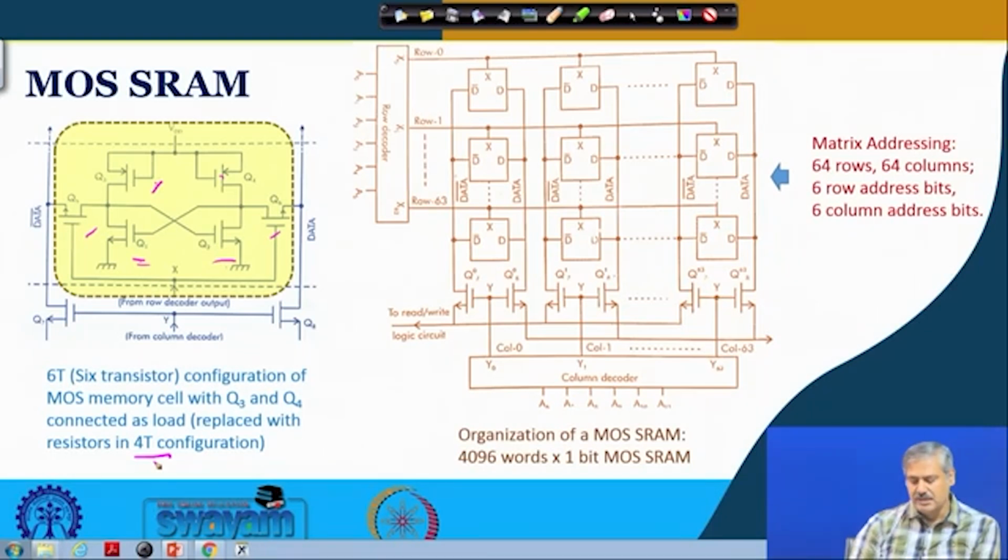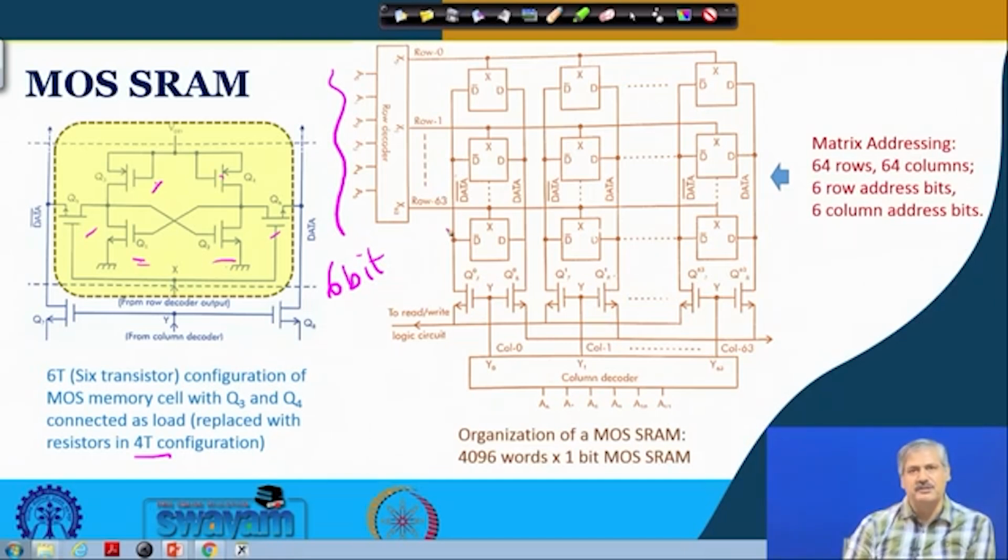Okay. So this is one typical organization, and if you look at it, you can see there are A0 to A5, so a 6-bit address. So 6-bit address, 6 to 64 address decoding, that is what is happening. So 64 rows. Here also 6 is there, so 64 columns. So 64 into 64, so 4096 words are there, and in each place you are storing 1 bit of information.